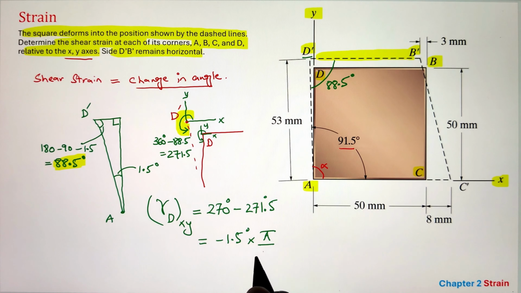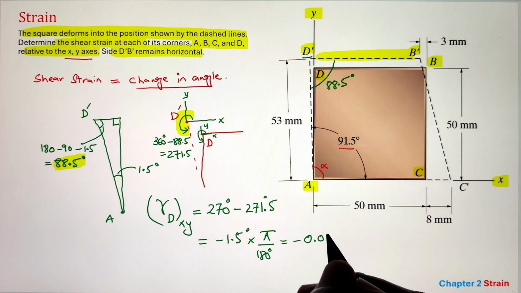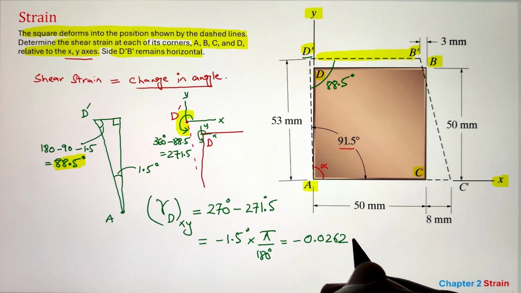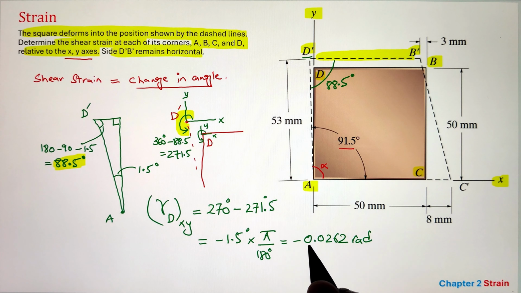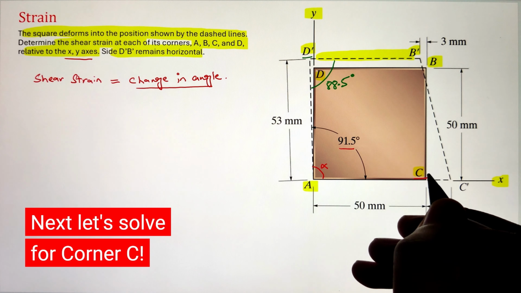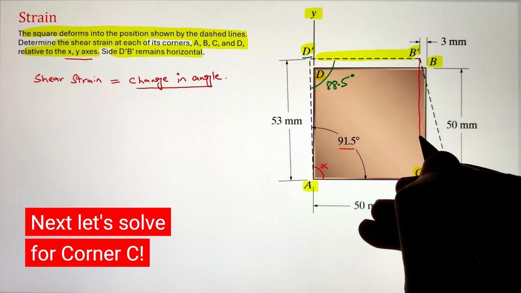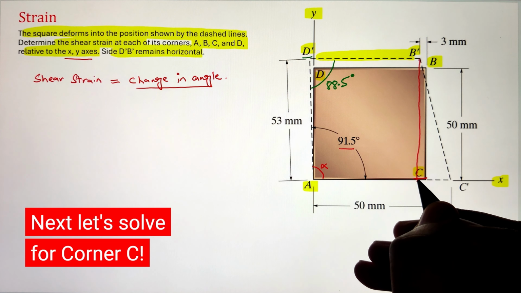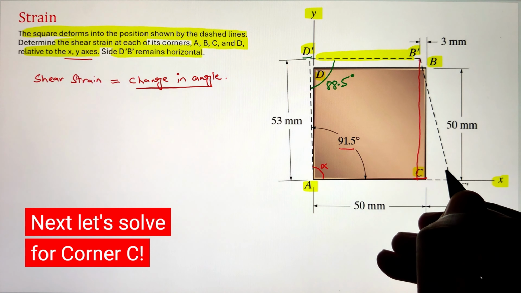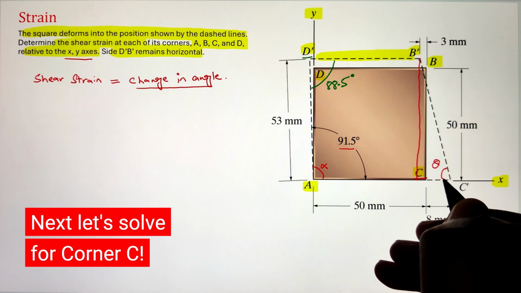Multiplying it with pi over 180 gives us the value in radians. One thing to point out about the sign convention: whenever the angle increases from its initial value, the shear strain value is given as negative, whereas whenever an angle decreases, it is taken as positive. This is just the sign convention of representing shear strain.